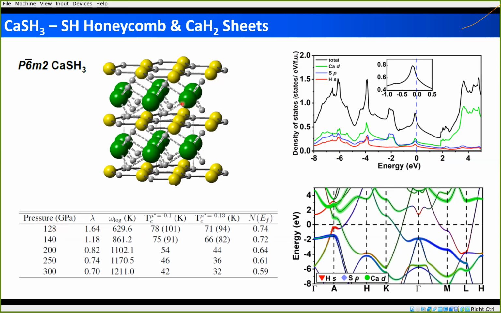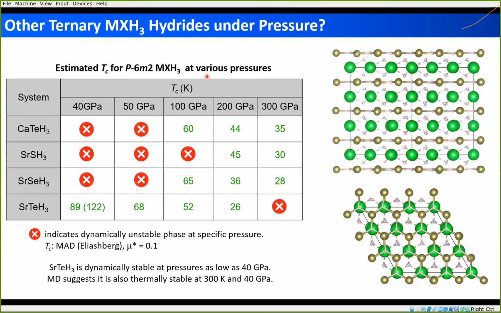But the idea is then that we could use this kind of structure as a prototype where you can replace calciums by other electropositive divalent metal atoms and the sulfur with selenium, tellurium, and so on type atoms. And so we've done this. We've carried out these sorts of, I guess, high-throughput calculations, where you first just replace different atoms with each other, and then look to see if they are going to be dynamically stable as a function of pressure.